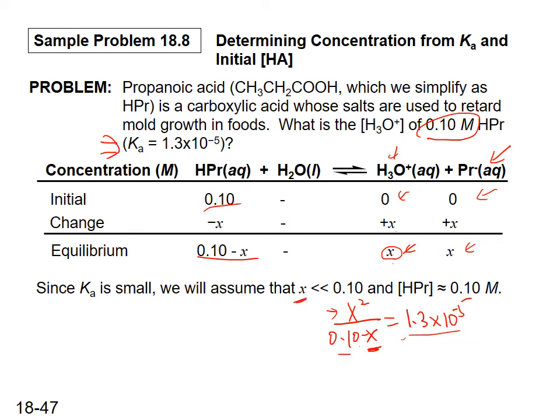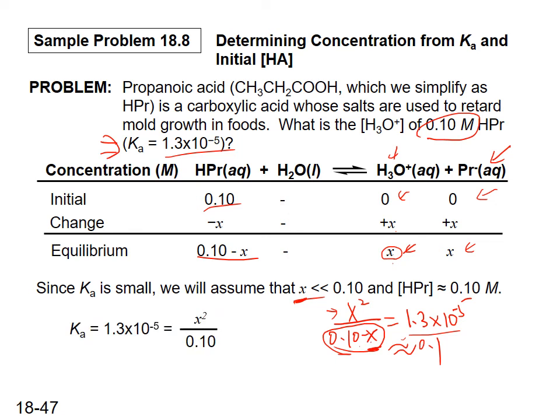If it's a weak acid, weak acid Ka is small, that means only a very small amount of acid dissociates, giving you a small X. So if small X, then we can say the denominator is approximately 0.1. So assume X is very small, and that makes the equation much simpler.